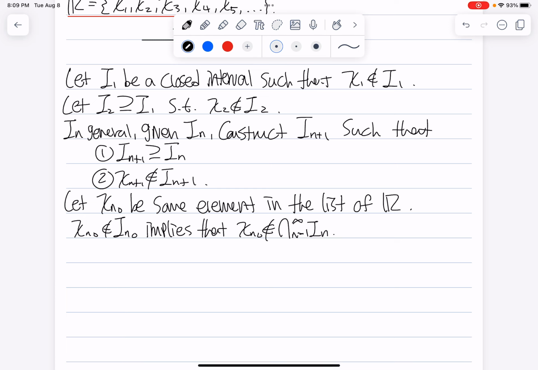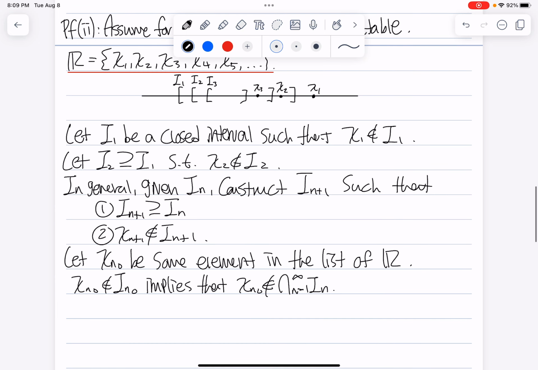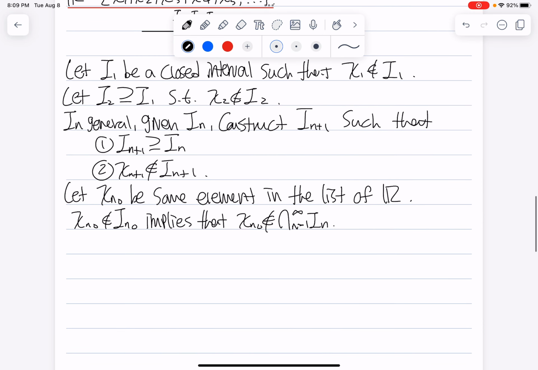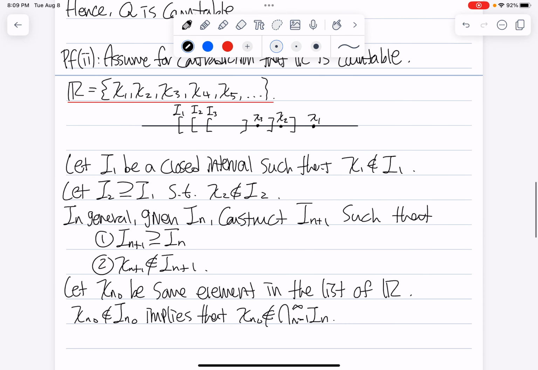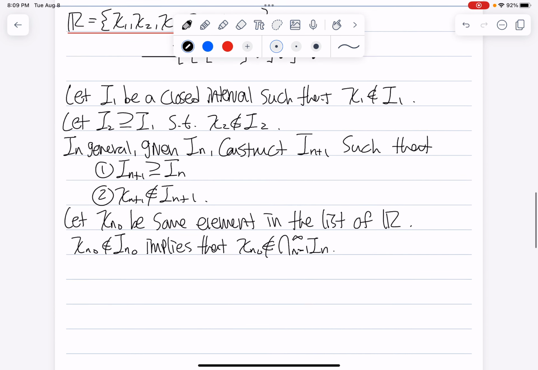Since x_n0 is not going to be in one of the closed intervals, obviously x_n0 is not going to be contained in the infinite intersection of all these intervals. All right. So since we made x_n0 arbitrary, we're seeing that every real number in the list of real numbers is not in the infinite intersection of the closed intervals.